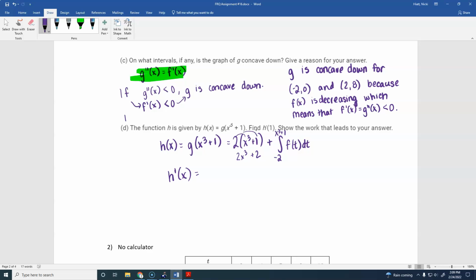So the derivative would be 6x squared. Derivative of 2 is just 0. What do we get when we take the derivative of the integral? We plug that in for t. We get rid of the integral. So we get f of x cubed plus 1 times the derivative of x cubed plus 1, 3x squared.